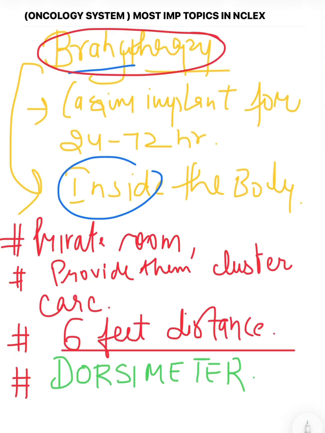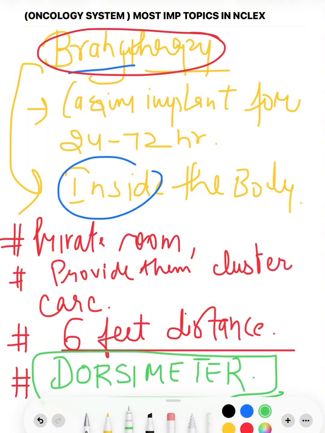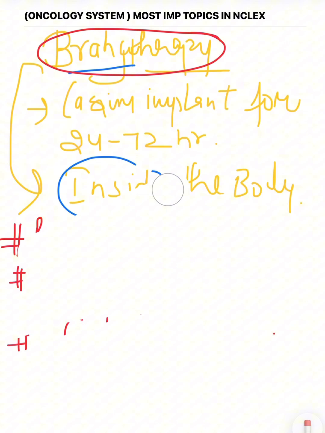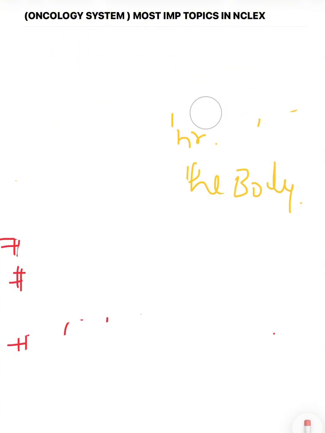That is the TLD meter, the dosimeter. Some more points about the dosimeter: the best location of the dosimeter in brachytherapy is the upper pocket, facing toward the patient. This is the best location of the dosimeter.